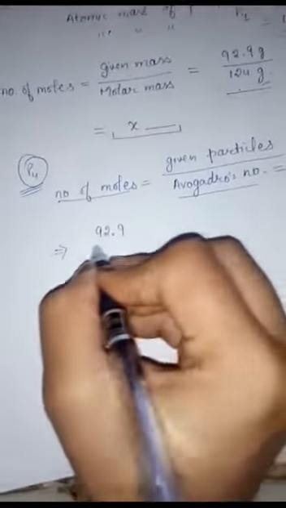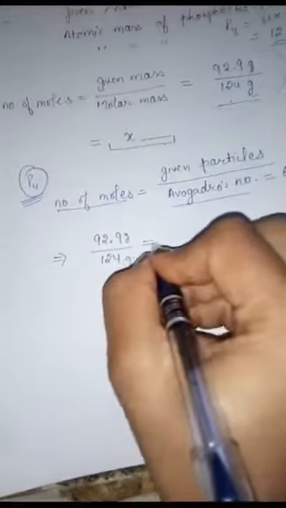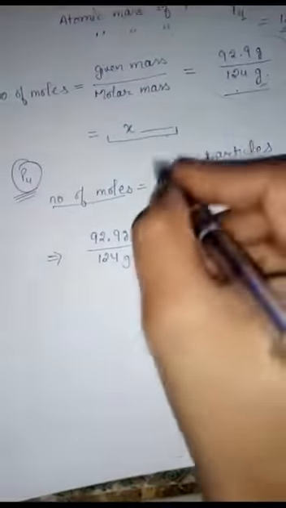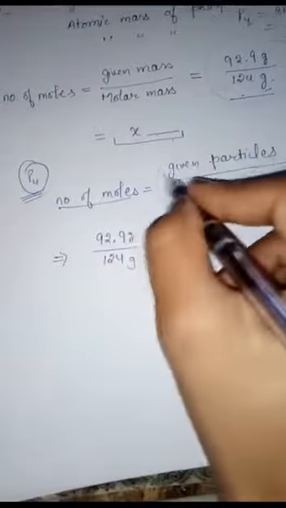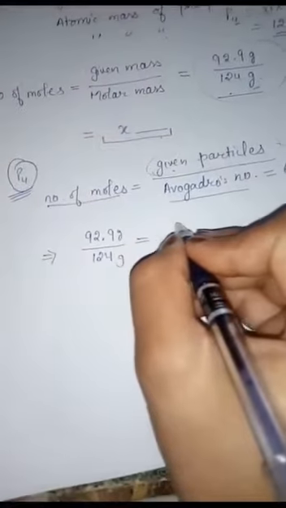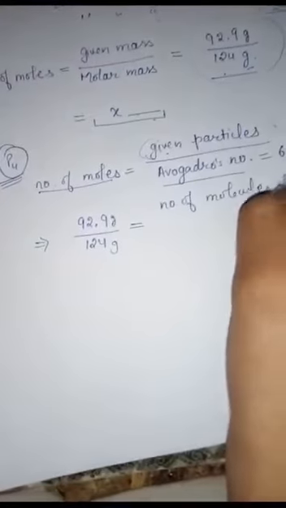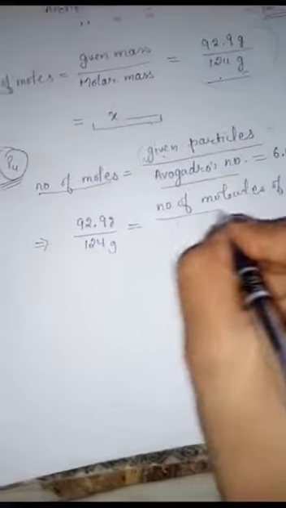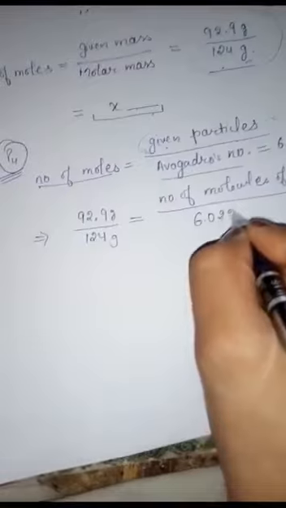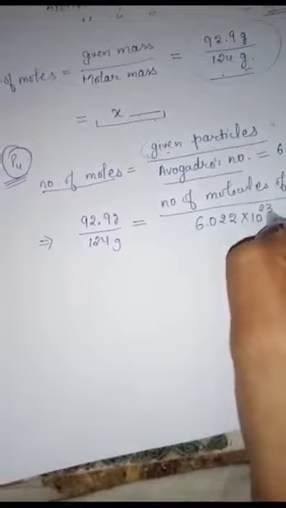So it will come 92.9 divided by 124 gram is equal to, in place of given particles it will come molecules, which we don't know and have to calculate, that is the number of molecules of P4 present in 92.9 gram, divided by Avogadro's number, that is 6.022 into 10 raised to power 23.